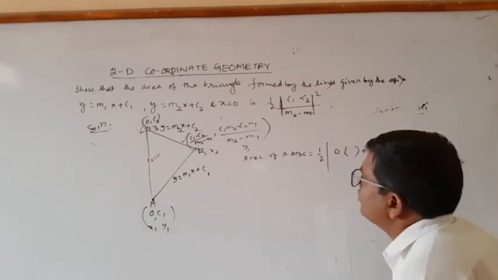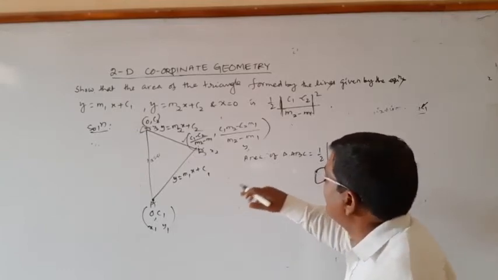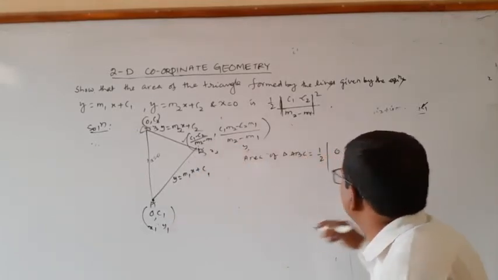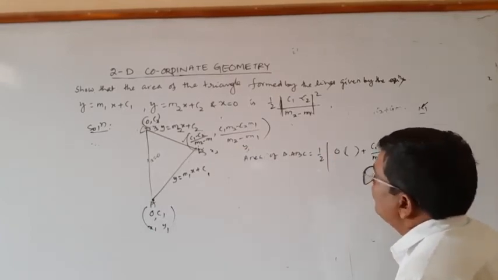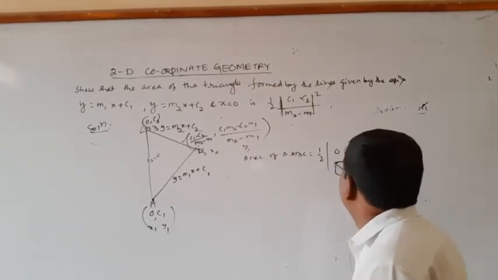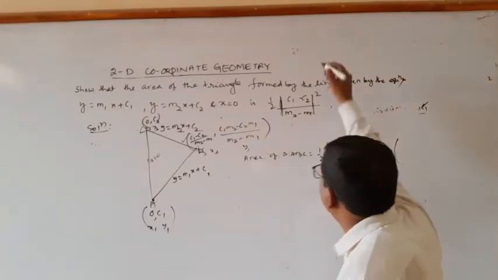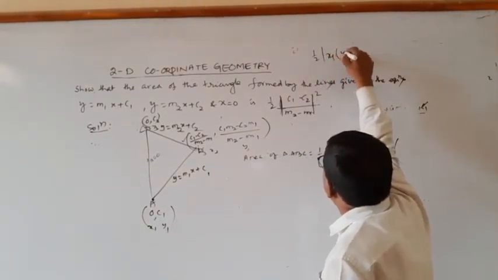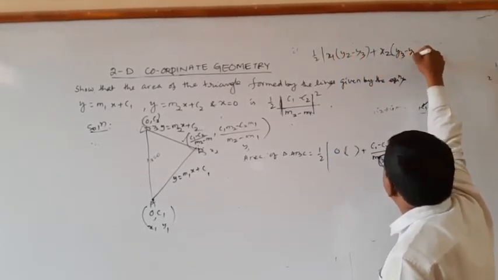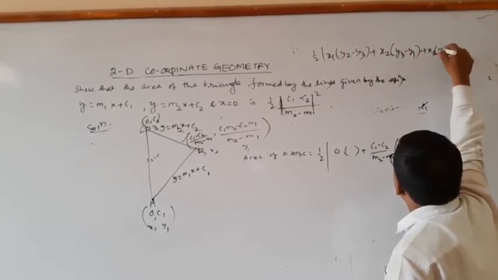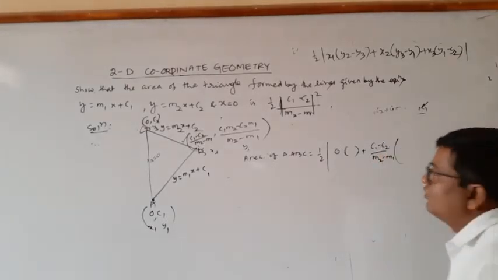Now this is x1 y1 and this is x2, (c1 minus c2) divided by (m2 minus m1), into the formula. The formula is half of x1 into (y2 minus y3) plus half of x2 into (y3 minus y1) plus x3 into (y1 minus y2) determinant. This is the area of the triangle.